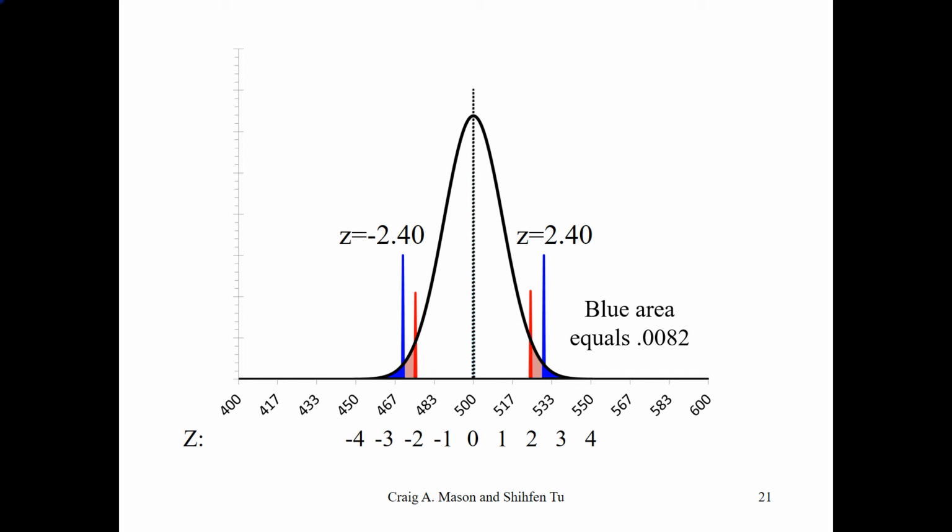Because the normal curve is symmetric, this is also equal to 0.0082 or 0.82%. We have to add these two together to get our p-value, which is 0.0164. That's the two-tailed p-value.